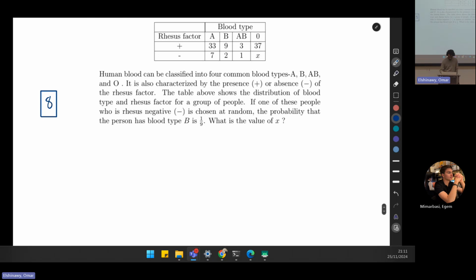Here, the probability that the person has blood type B is 1/9, and they're in the negative, but it also has the negative factor.